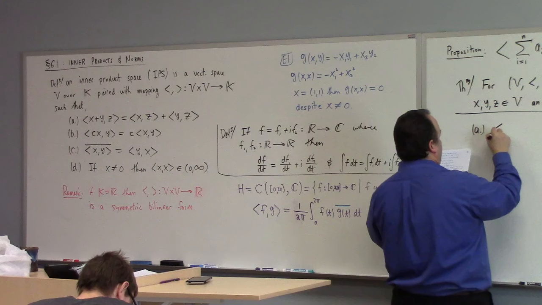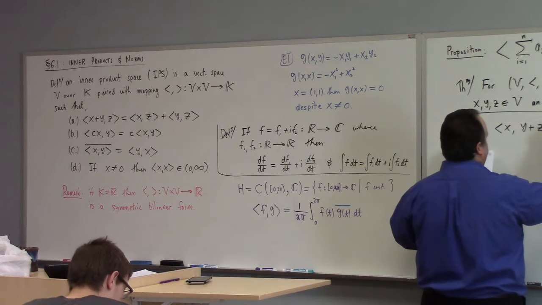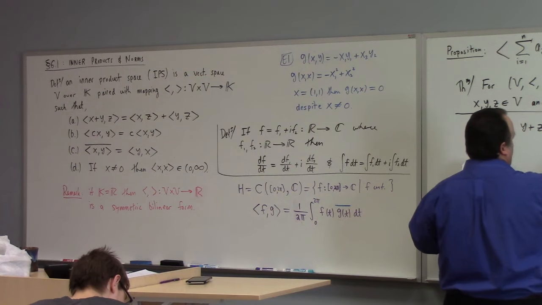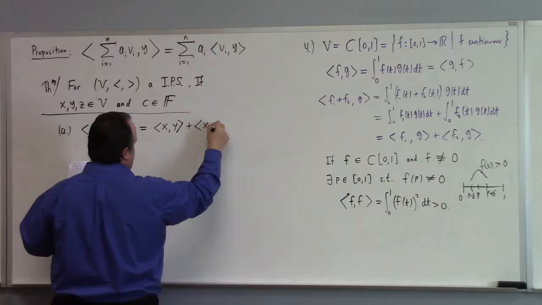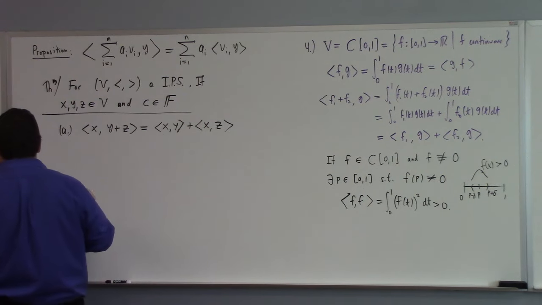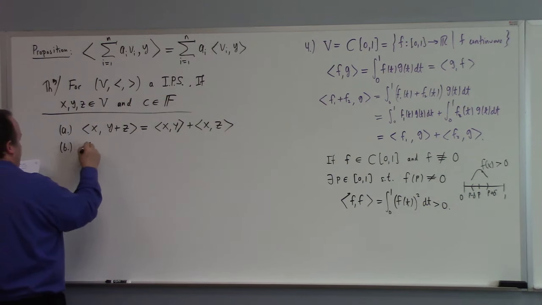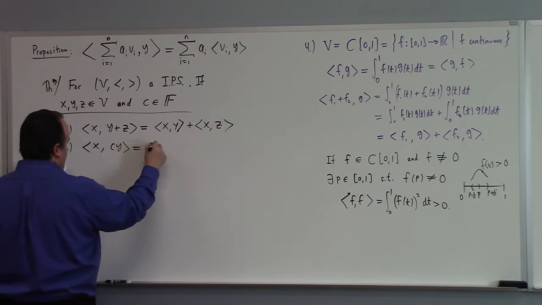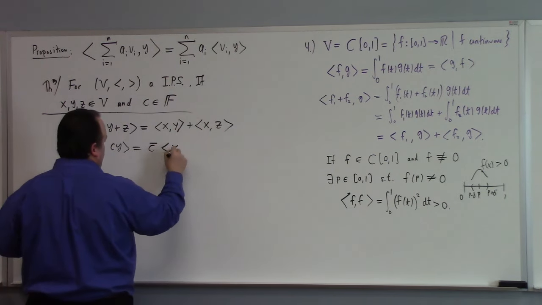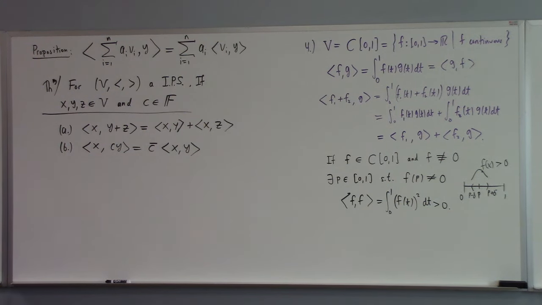Then, if that's the deal, guess what? We can prove linearity in the second spot. We do, in fact, have additivity. I shouldn't say linearity. We have additivity in the second spot. Break up sums like that. But we don't have quite linearity in general. What we do get is this. So we pull a constant out of the second slot, we get the complex conjugate, generally.